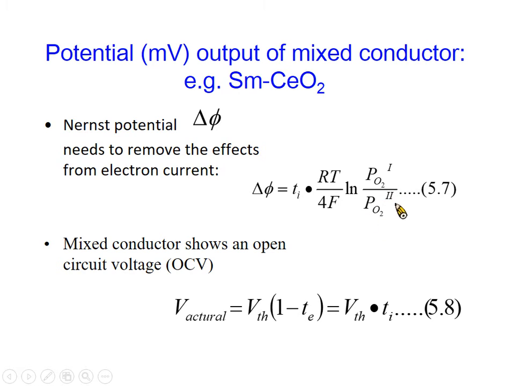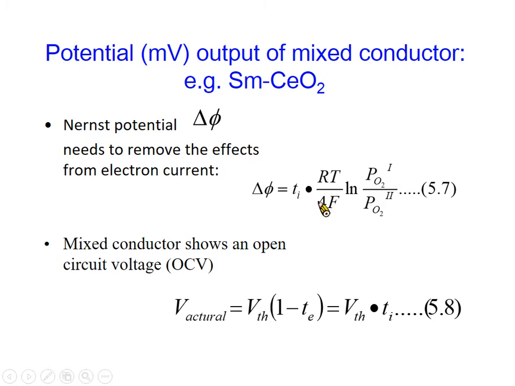However, when we go to the anode side, we will have very low oxygen partial pressure. When we have this oxygen partial pressure condition on the two surfaces, we will introduce a potential to drive the oxygen ions from the high partial pressure side to the low oxygen partial pressure side.